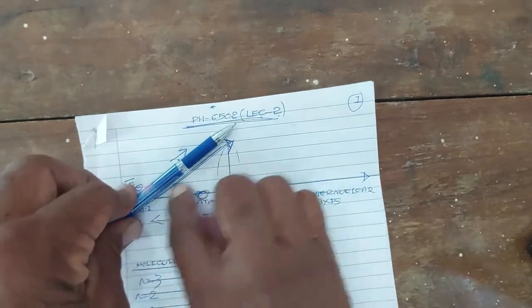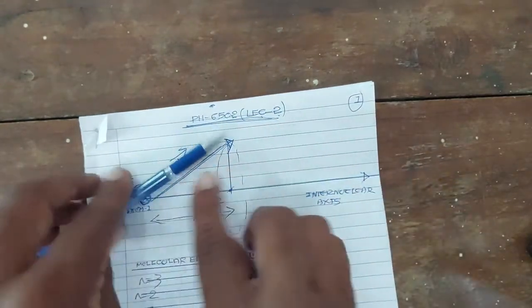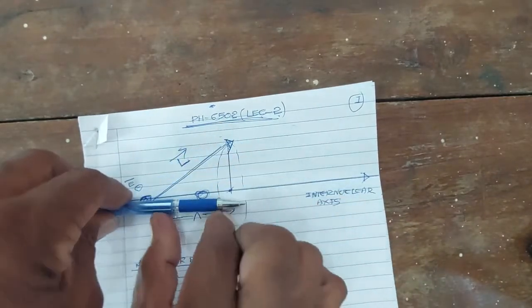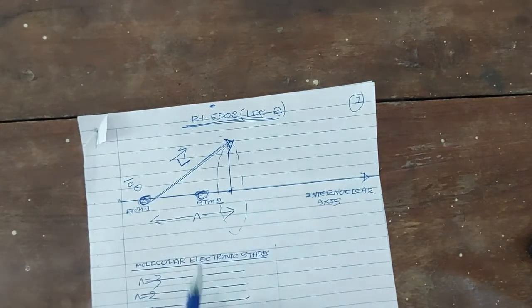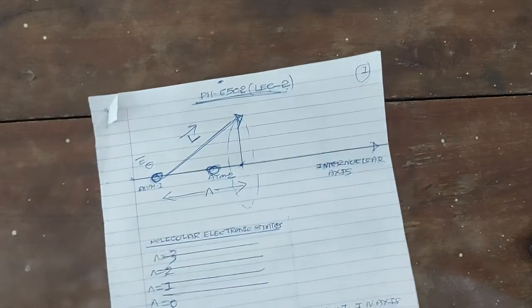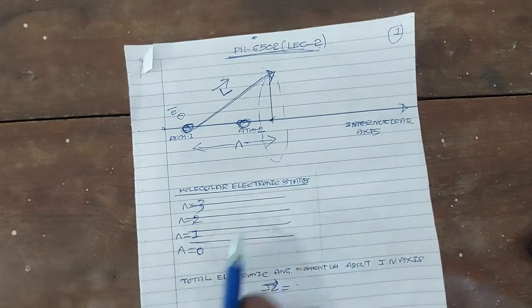When L precesses about the internuclear axis, the component of L along the internuclear axis is called lambda. Now this lambda has different values 0, 1, 2, 3 and so on, and the molecular electronic states are classified according to different values of lambda, as I explained in the last lecture.